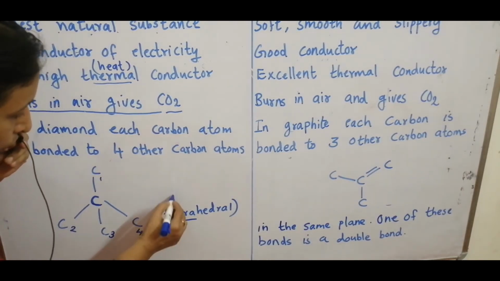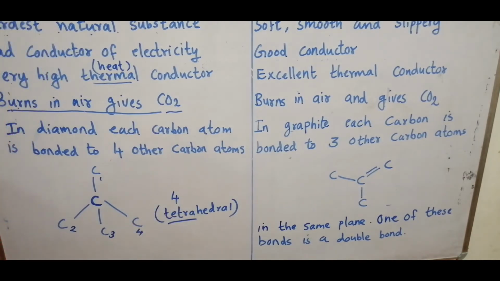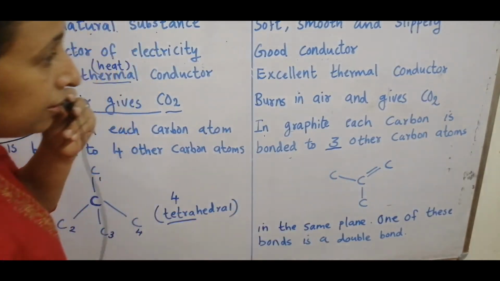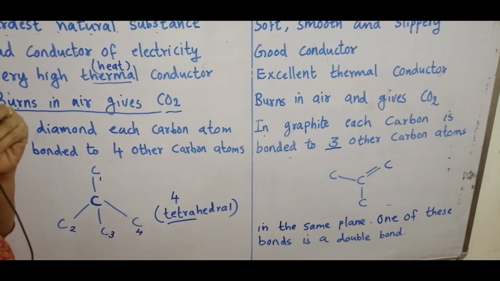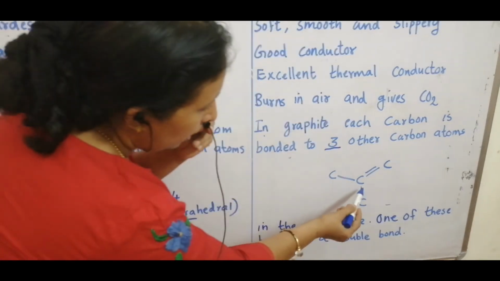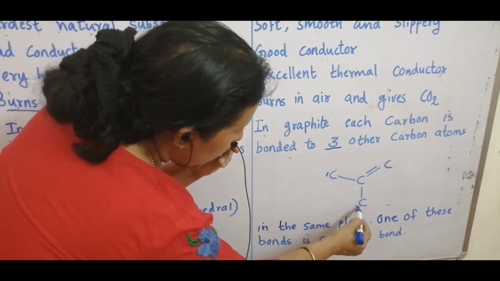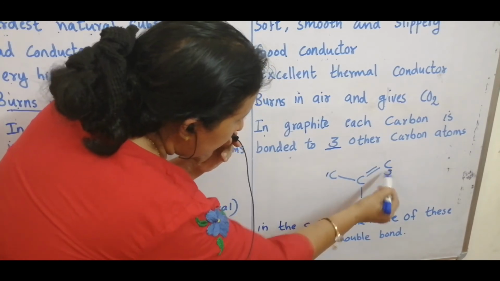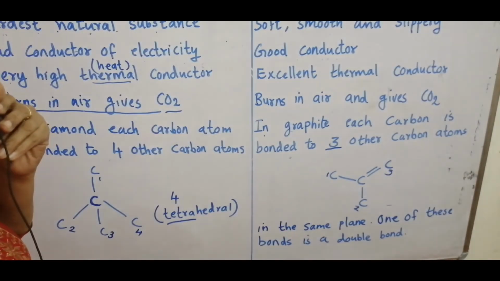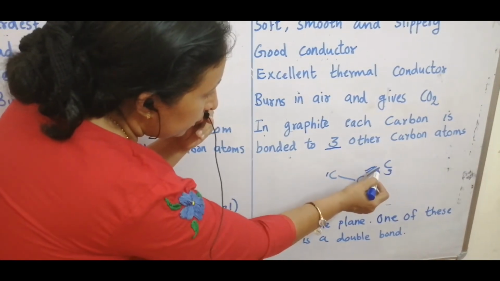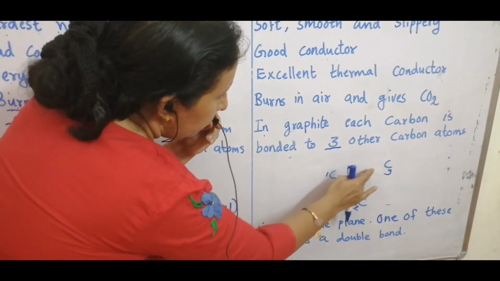Tetra means 4. Whereas in graphite, each carbon is bonded to 3 other carbon atoms in the same plane, and one of these bonds is a double bond. This is a double bond.